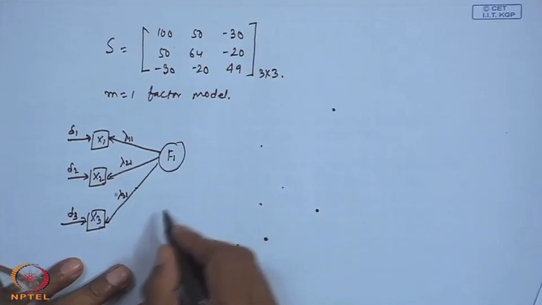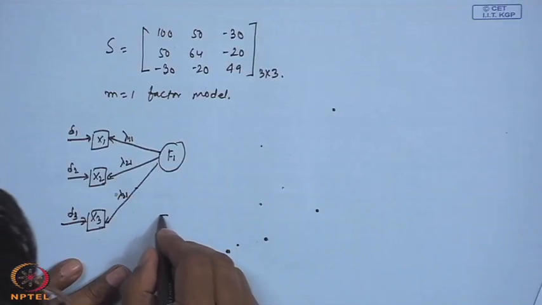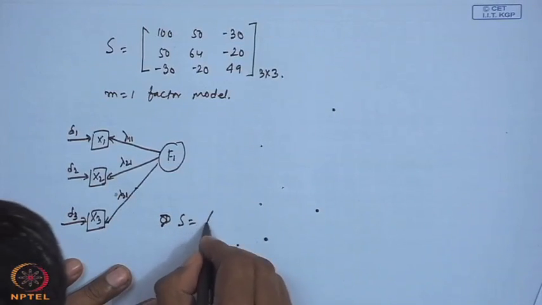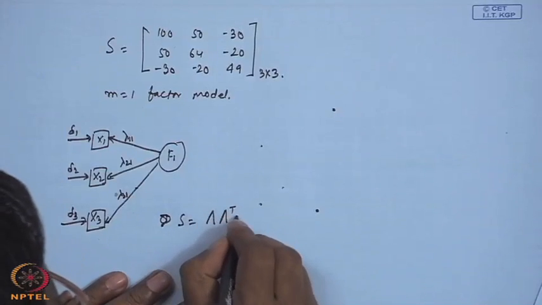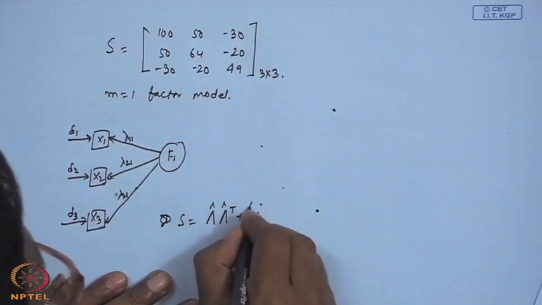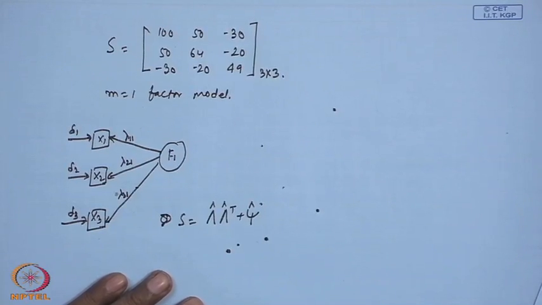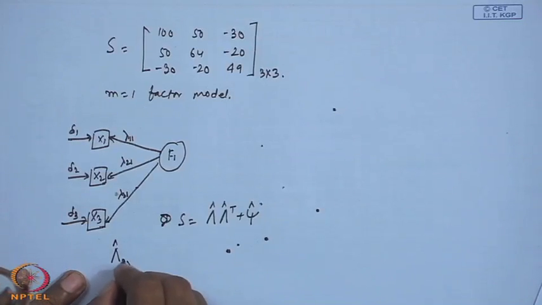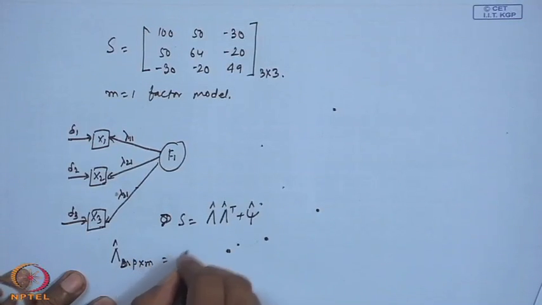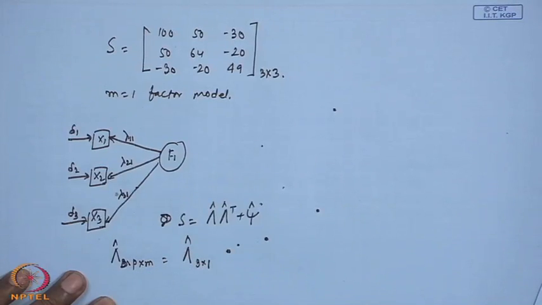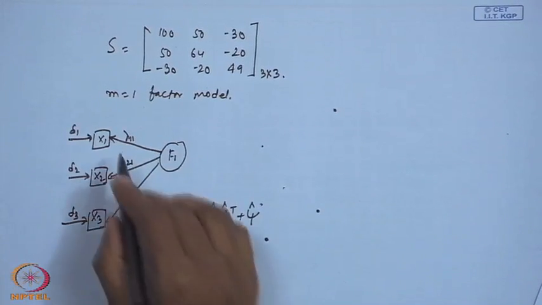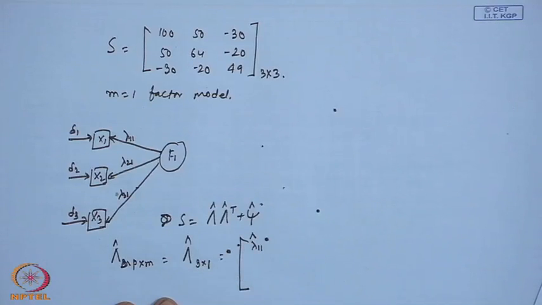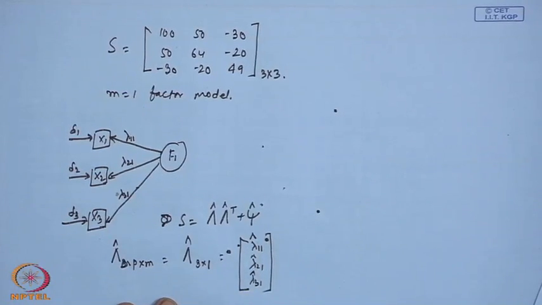And essentially the factor model, all of you know this. If we use S, this will be lambda lambda transpose plus psi if we use cap. This is the situation. Now here our lambda cap is p cross m, that means lambda cap is 3 cross 1, with lambda 11 estimate, lambda 21 estimate, lambda 31 estimate.